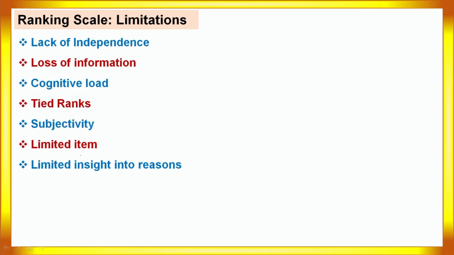So these are some of the limitations, but there are ways out, like for the limitation of limited insight into the reason. And these limitations may not seem like limitations depending on the perspective from which the scale is used, because the decision to use the ranking scale or rating scale depends on the need of the research, the situation, and the perspective of the researcher, what he wants to find out, what his objective is. From that point of view, limited insight into the reason, limited items, may not actually be a limitation of a particular ranking scale.